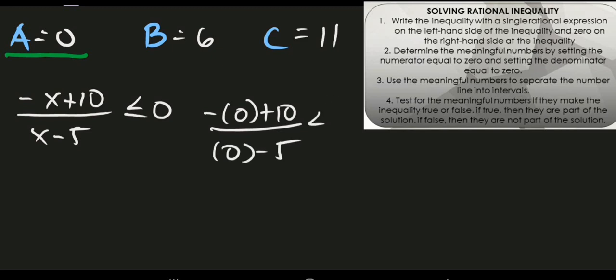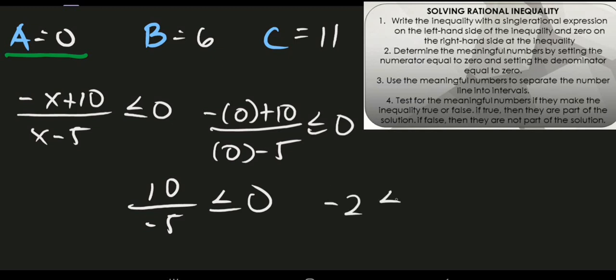Negative 0 plus 0, that is 10, all over 0 minus 5, that is negative 5. And this is less than or equal to 0. So for the first interval, we have 10 over negative 5, that is equal to negative 2. Negative 2 is less than or equal to 0. That is obviously true. Therefore, interval A is part of our solution.